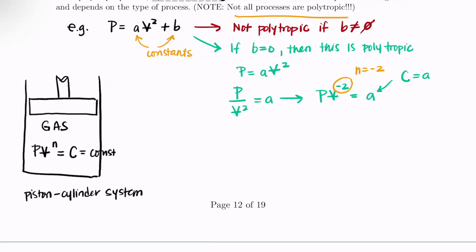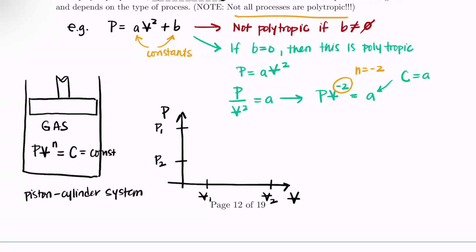Then what this process looks like on a PV diagram is the following. We have our pressure and our volume, and we are going to choose pressure at state 1 is greater than pressure at state 2, and our volume at state 1 is smaller than our volume at state 2. So here is our state 1, and here is our state 2.